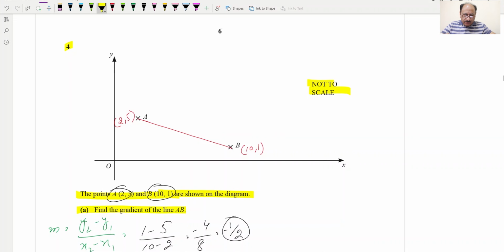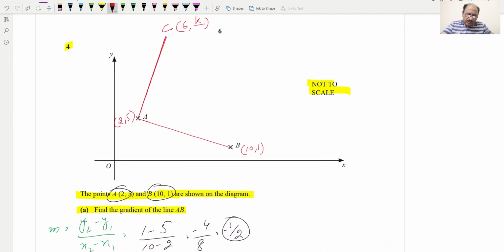This will be perpendicular also, so we can take basically point A. I'm just trying to draw as accurately as possible. So this is the C point with the coordinate 6 and the unknown coordinate which we don't know, which is basically k, and the k value we need to find.